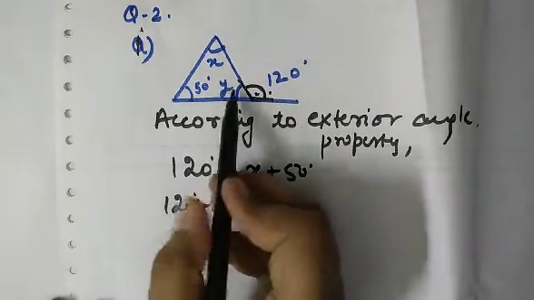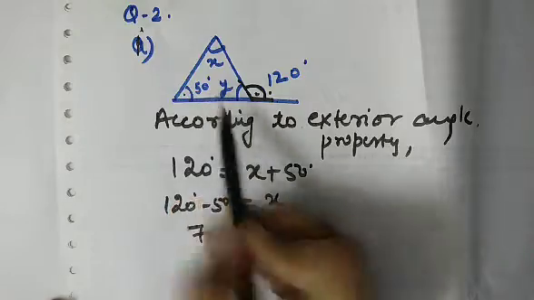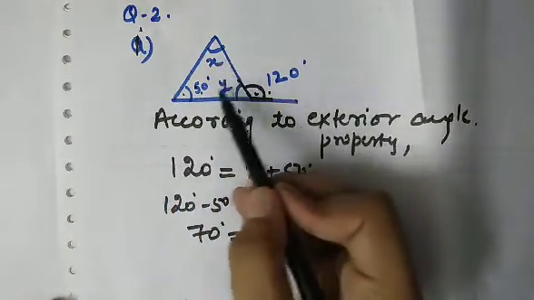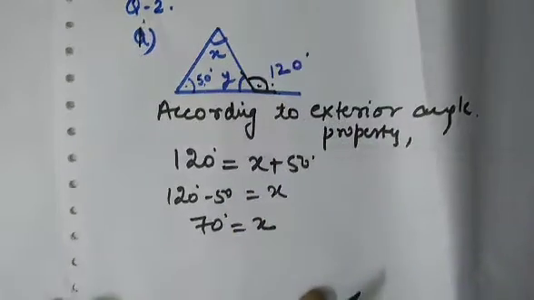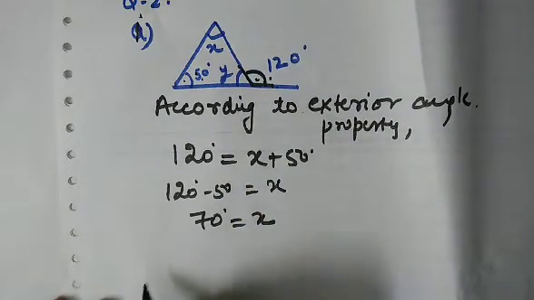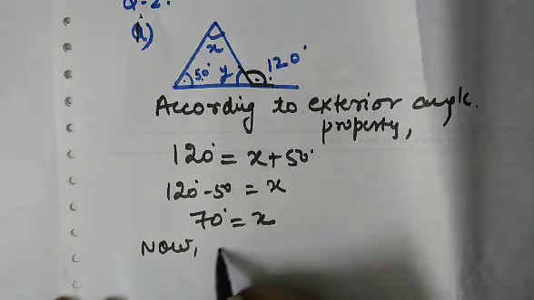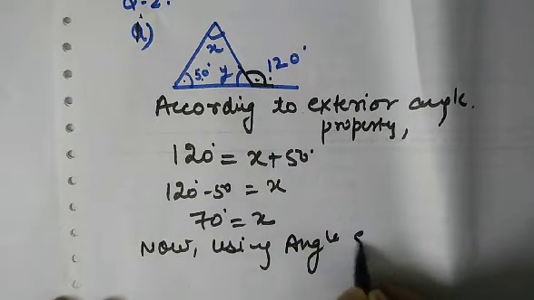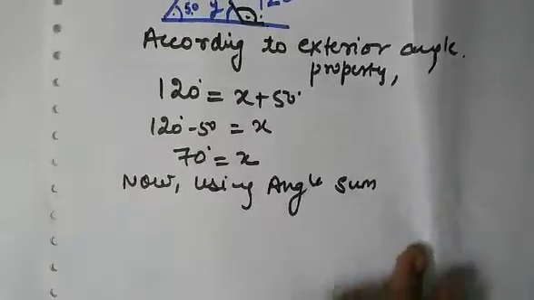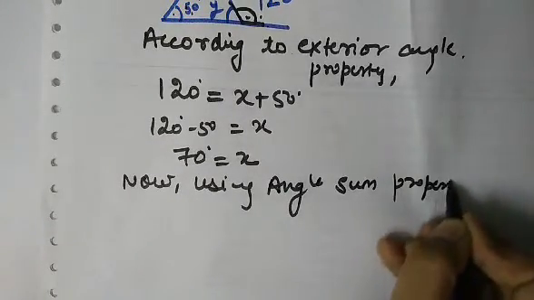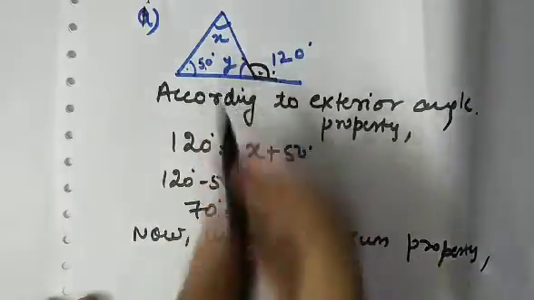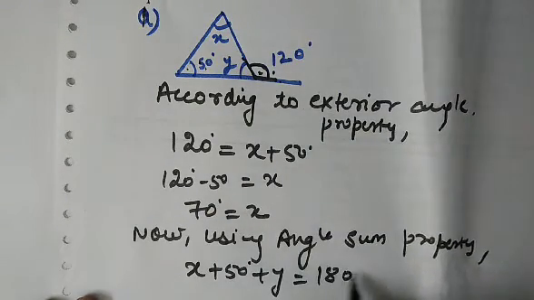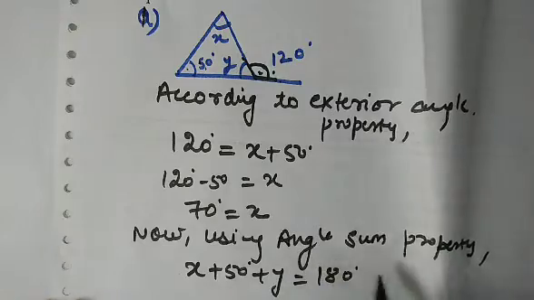Now you can apply the angle sum property. As we know, two angles are given, that is 50 and this is 70. So I can find y according to the angle sum property. You have to mention using the angle sum property, we have x plus 50 plus y equals 180. The reason I have already mentioned.